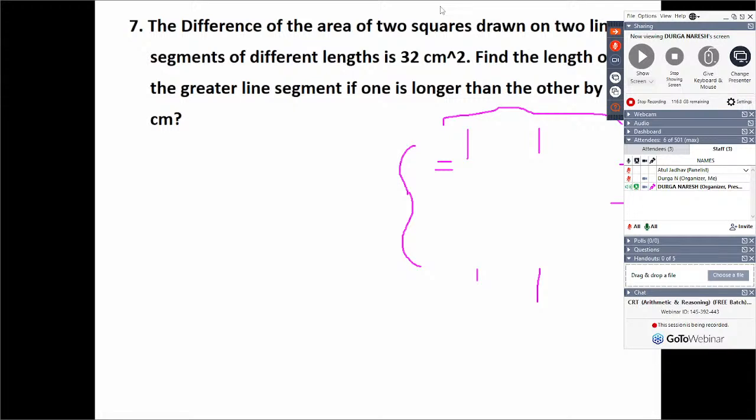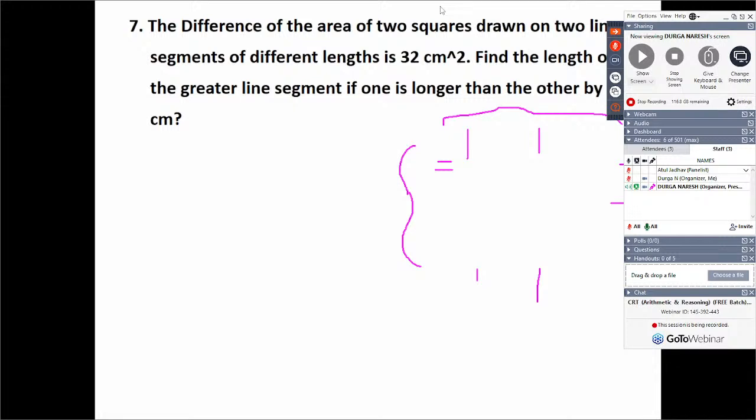The difference of the area of two squares drawn on two line segments of different lengths is 32 centimeters square.